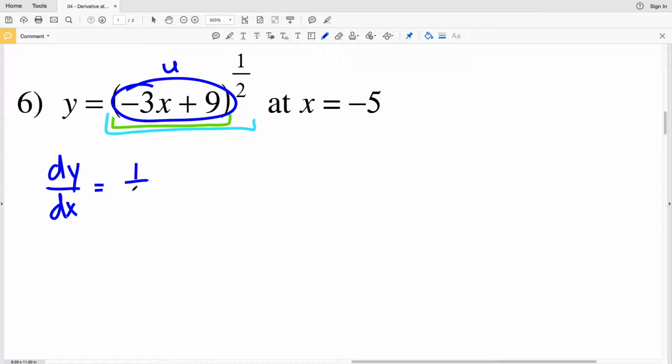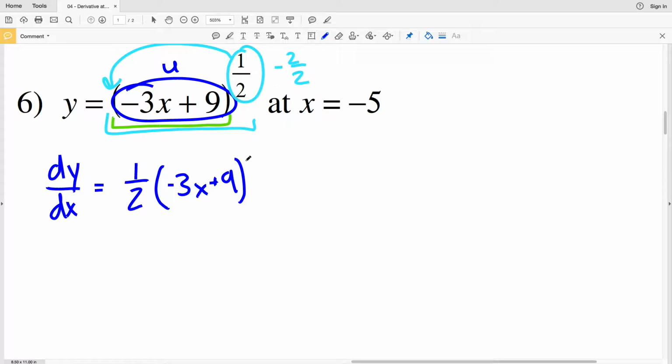So that's going to be 1/2 times u to the negative 1/2, 1/2 minus 1. So again, we're taking 1/2, bringing it down in front, and then subtracting 1/2 by a positive 1, which in this case will be 2 over 2. So that's 1/2 of u, which is negative 3x plus 9, to the 1 minus 2, which is negative 1 over 2, so negative 1/2.